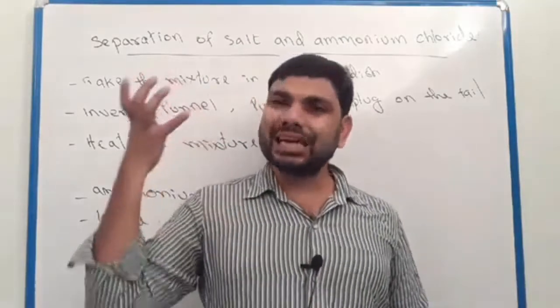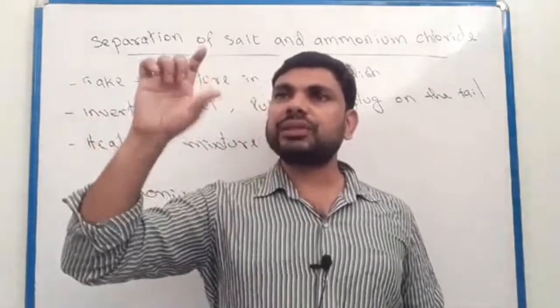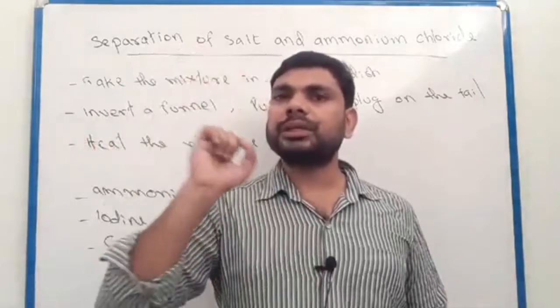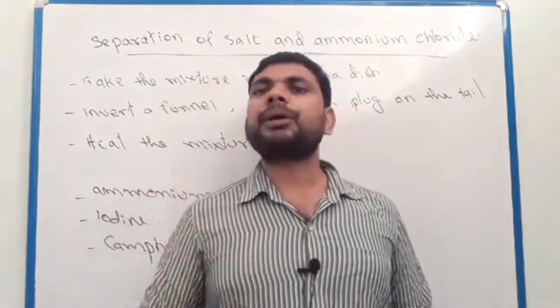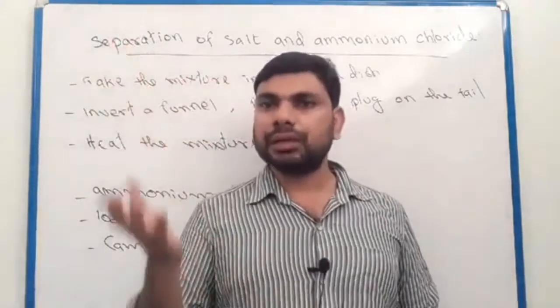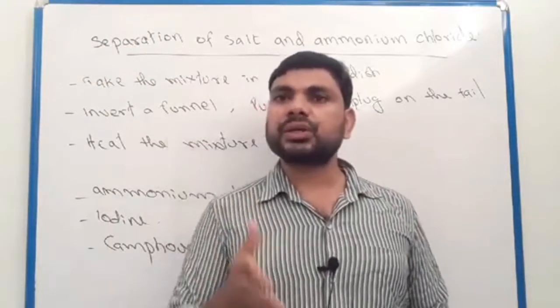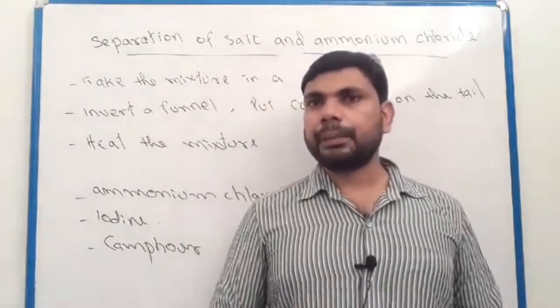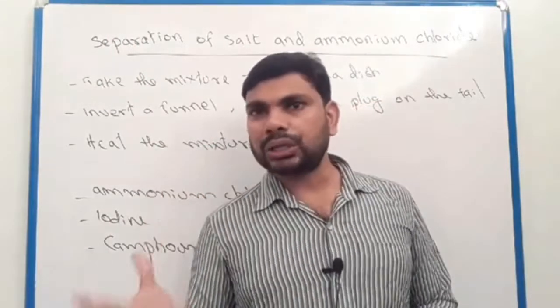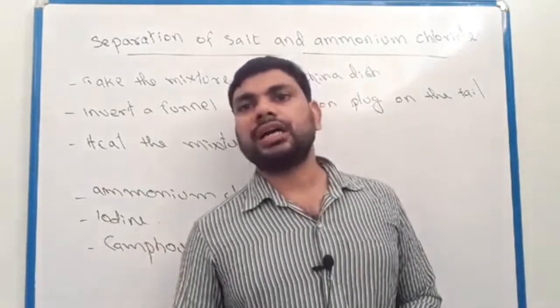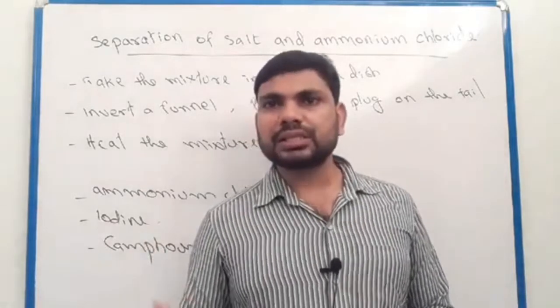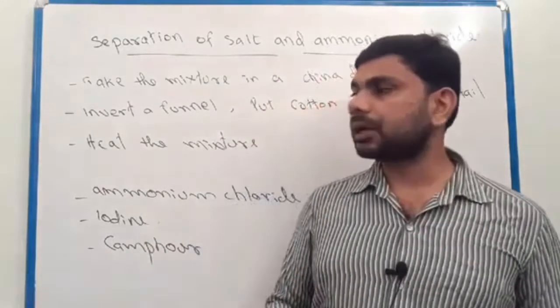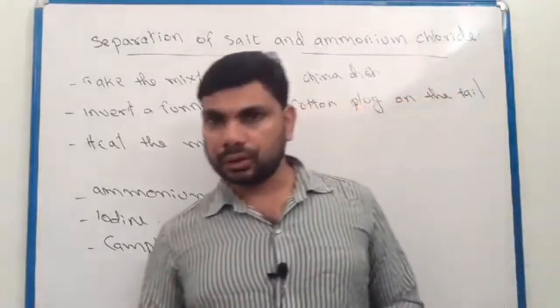It cannot escape outside because the tail of the filter funnel is covered with a cotton plug. So the vapor does not escape outside. It will condense back on the surface of the filter funnel, but the salt will stay in the china dish. This method can be used to separate salt and ammonium chloride.